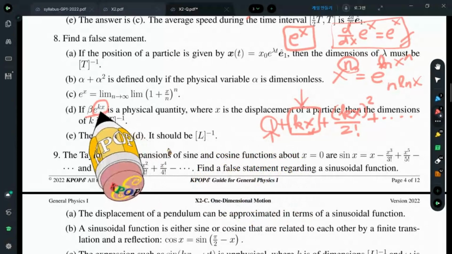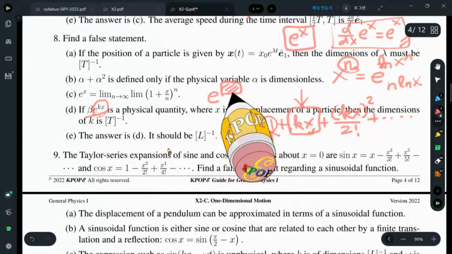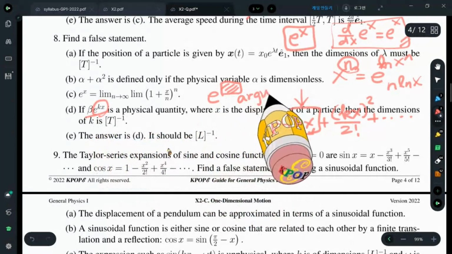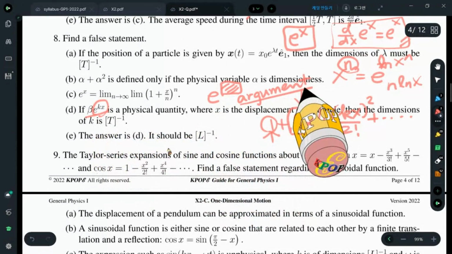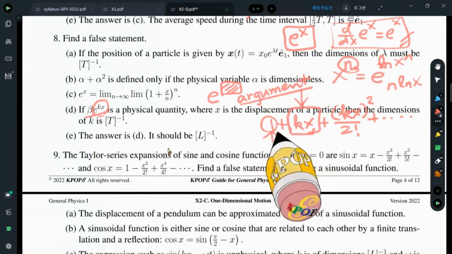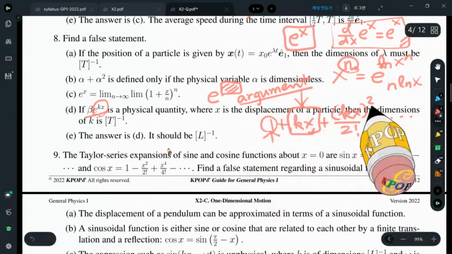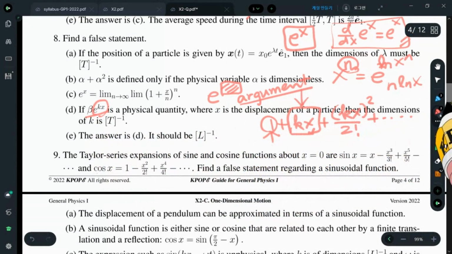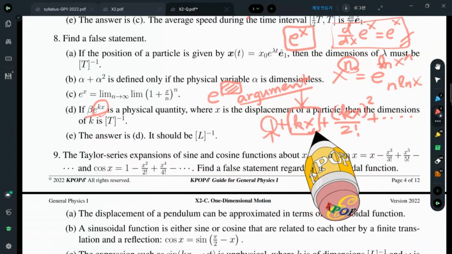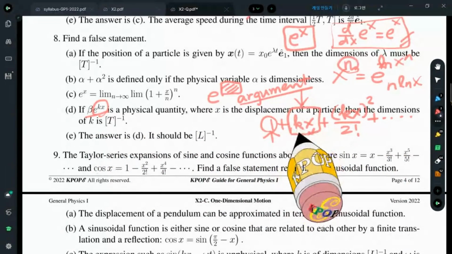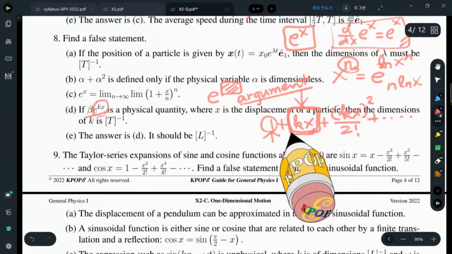Therefore, exponential function has some argument that one must be dimensionless, because this power series expansion gives all possible powers to the infinity if the addition is defined. That is true only if this whole thing is dimensionless.